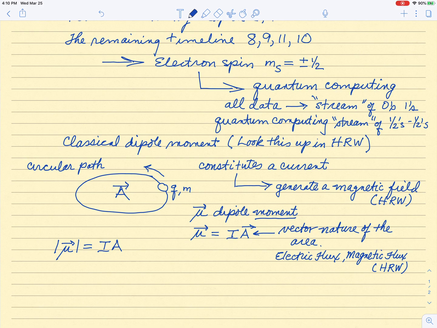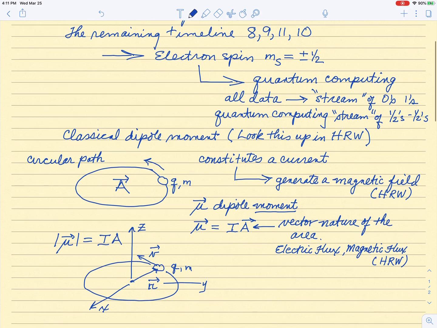So let's just assume that we have a circular path of this charged entity, velocity vector, radius vector, and we can think about this in an x, y, z coordinate system.